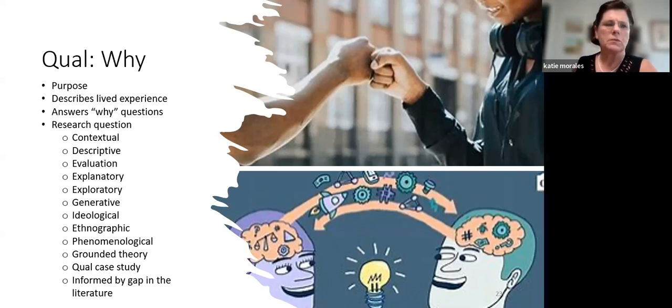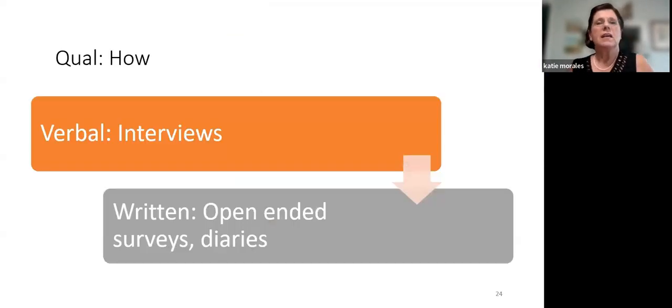You know, I want to get the description, or what was the experience of people who bought this shoe, that type of thing. But the bottom thing is it's still informed by the gap in the literature. If we're saying, gosh, we know a lot about heart disease, but we don't know about this population or this gender, that's who we're going to want to target.